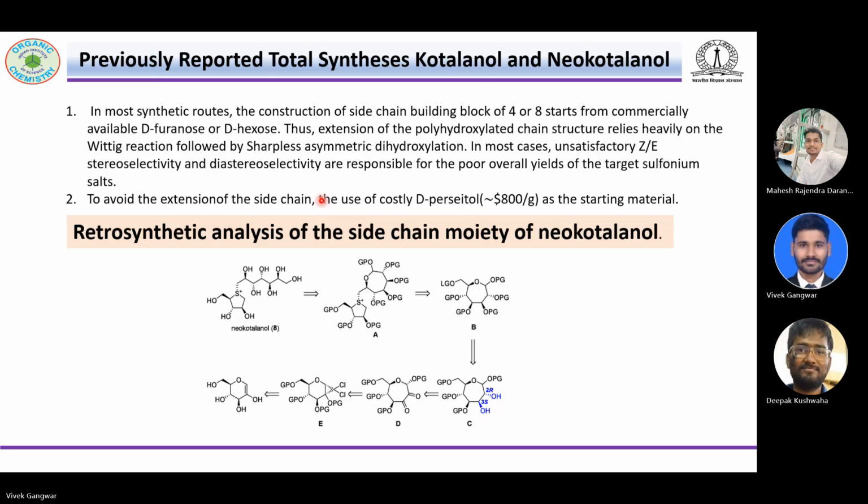With this in mind, recently this group started the synthesis of neokotalanol using this septanoside.